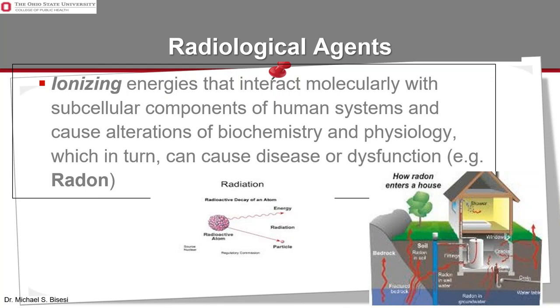But the diagram on the far right shows you that the decay of unstable radioisotopes is associated with generation of radon gas. That gas can diffuse through various openings in the subsurface areas, basements, right? And that gas can accumulate. It can also diffuse through the dwelling or the structure.